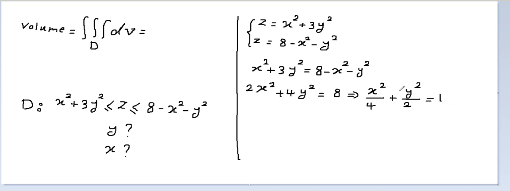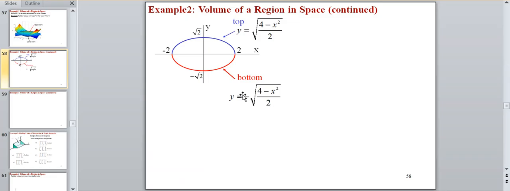Now this is an ellipse, right? This is the equation of this ellipse.